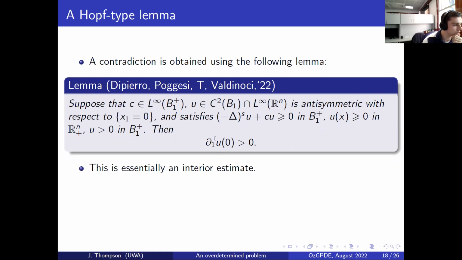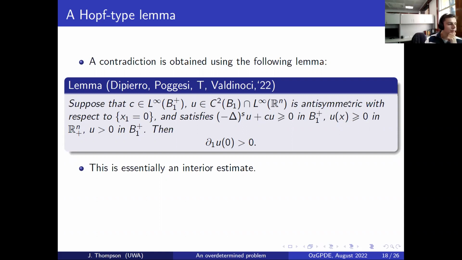Now, something to note is that if you're familiar with the boundary regularity of the fractional Laplacian, you only expect u to be Holder continuous up to the boundary. So it's in some sense surprising that we get a derivative here and not some kind of s derivative.